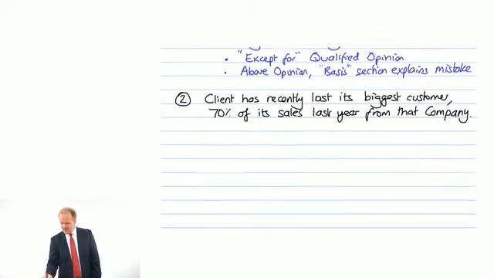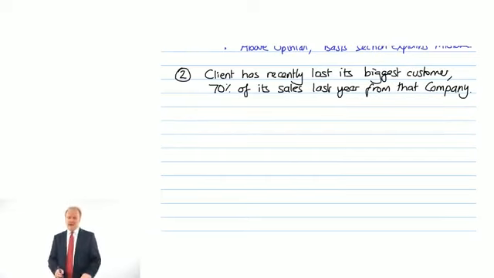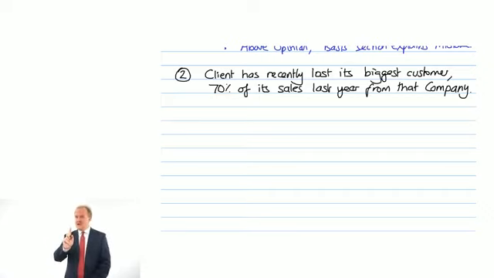Okay, example 2. Client's recently lost its biggest customer. 70% of its sales last year were from that company. Now, before you try and come to a conclusion, you cannot do that yet. Part 1.